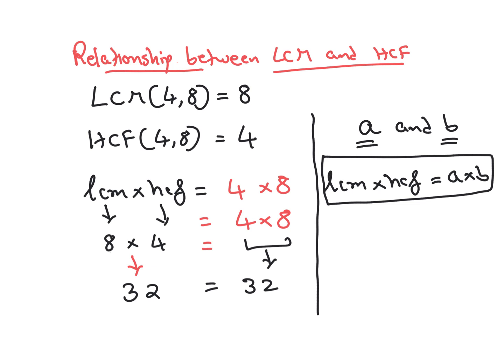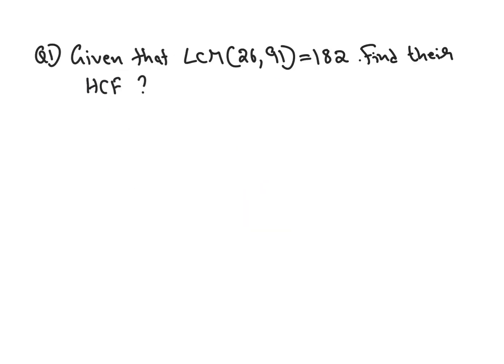We will just work out one of the problems. So the rule is LCM times HCF of two numbers is equal to the product of those numbers. Get that? Let's move on and solve a problem.